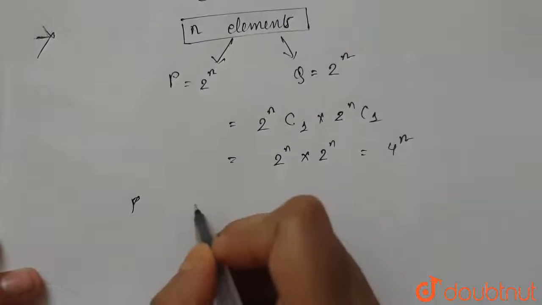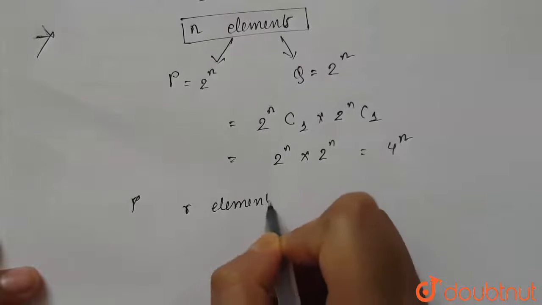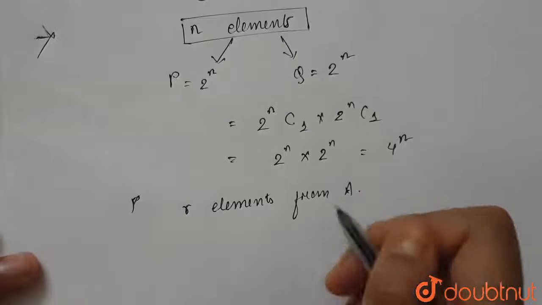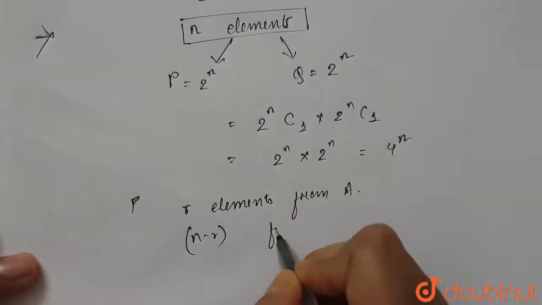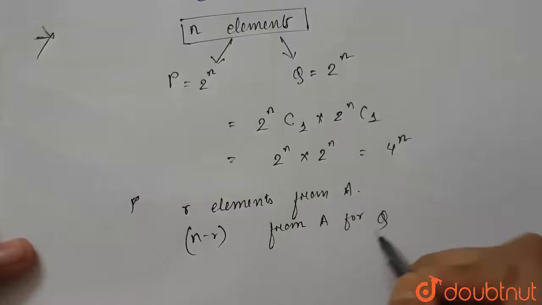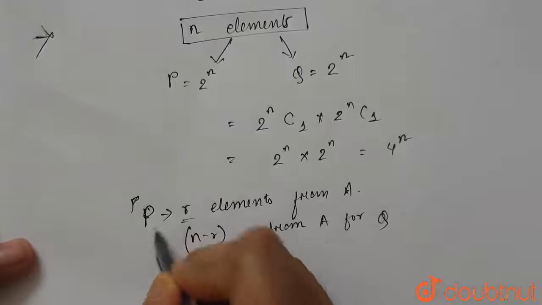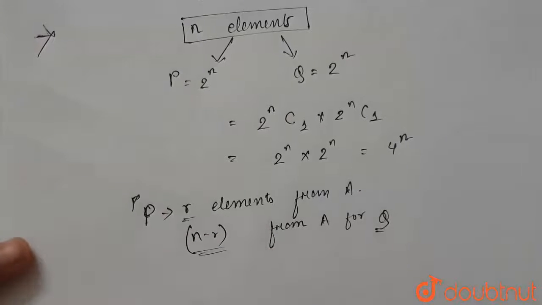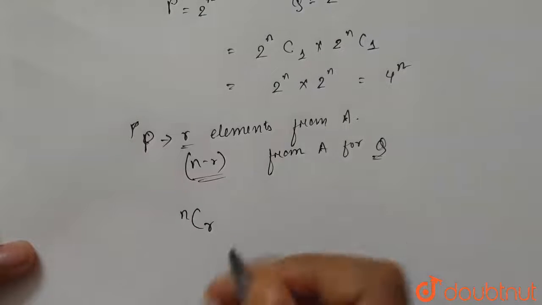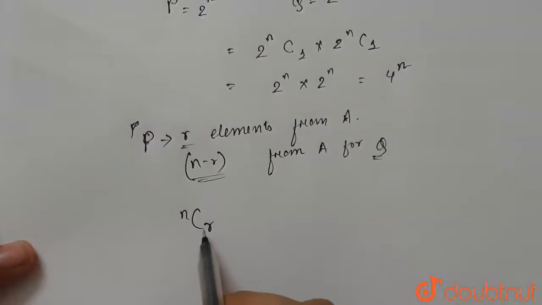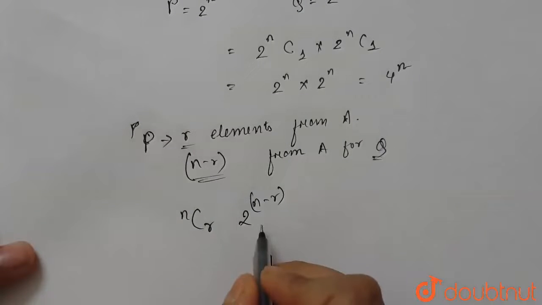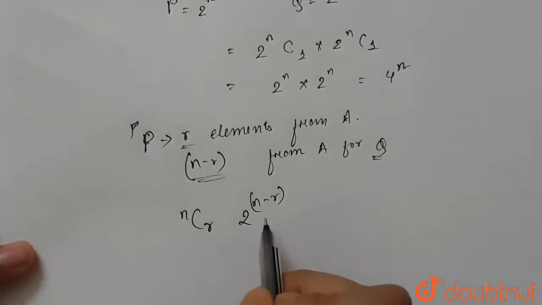If we take R elements from set A for P, then we have to choose the remaining n minus R elements from A to go under Q. So accordingly we can write nCR, where we have chosen R elements for P, and 2 to the power n minus R for Q. Now R can vary from 0 to n.